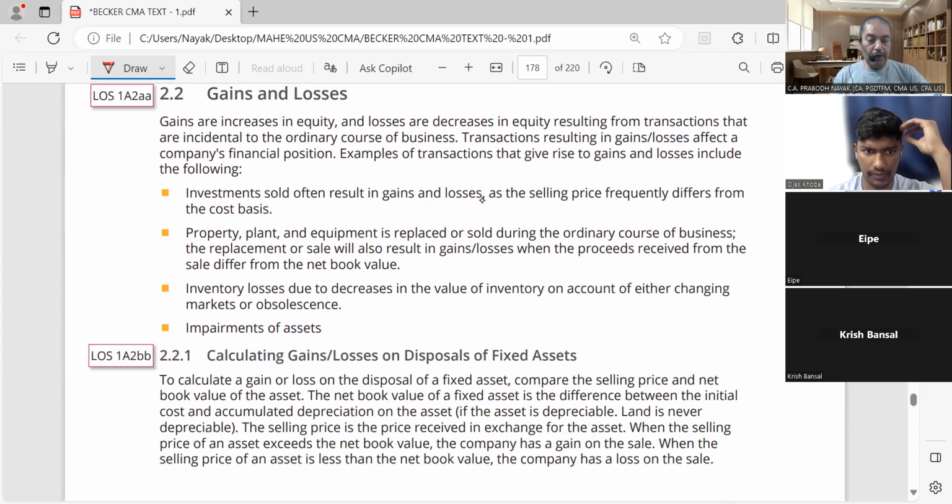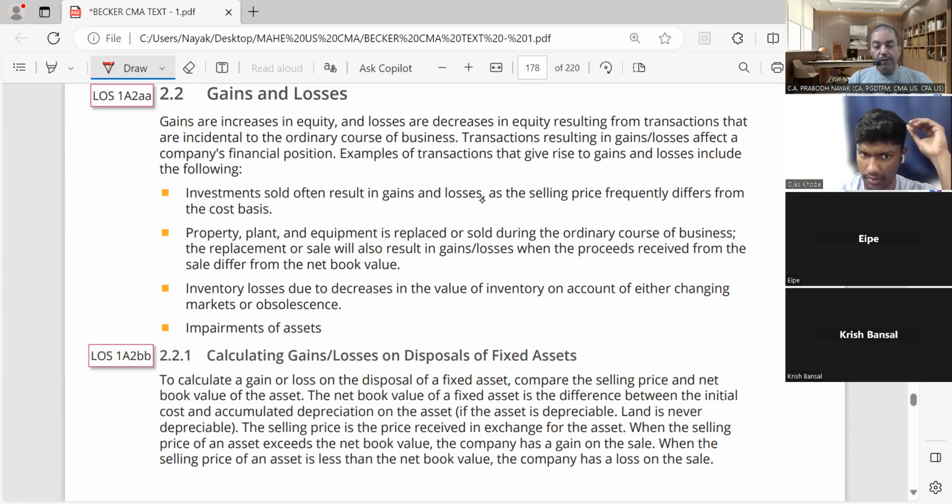Coming to gains and losses. Gains are increases in equity and losses are decreases in equity resulting from transactions that are incidental to the ordinary course of business. Transactions resulting in gains or losses affect the company's financial position. Investments sold often result in gains and losses, as the selling price frequently differs from the cost price. Property, plant and equipment is replaced or sold during the ordinary course of business.